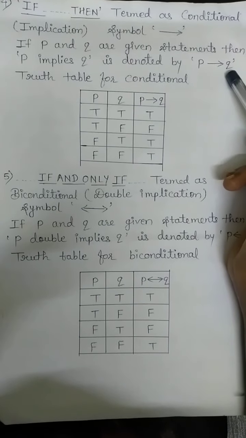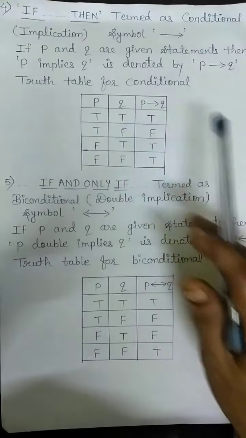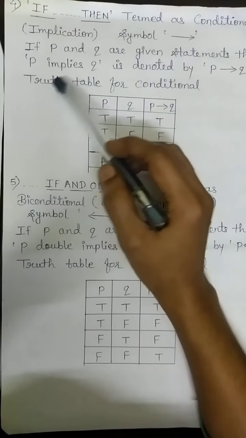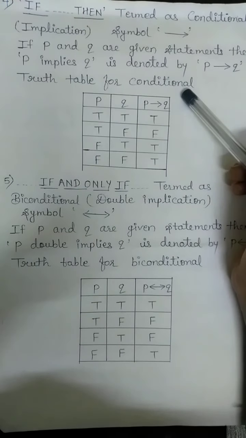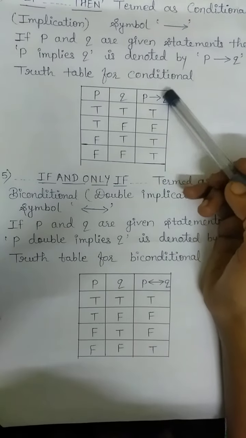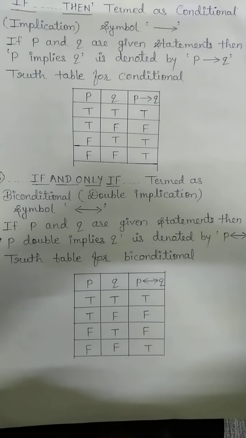P implies Q. Now here also we require two statements, so we consider P and Q. Truth table for conditional. Here P, Q, P implies Q. We consider all possible values of P and Q.